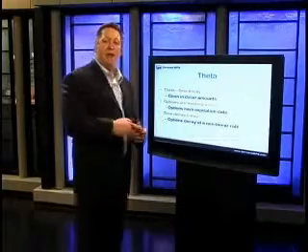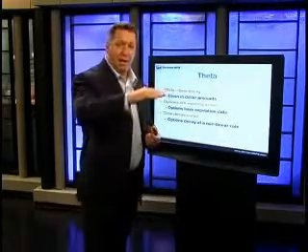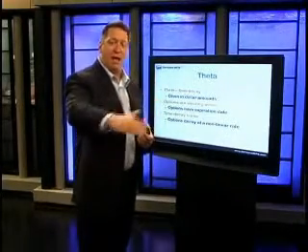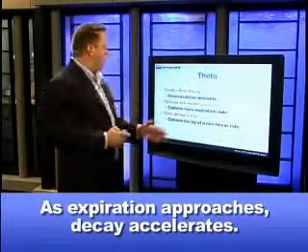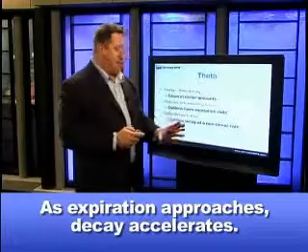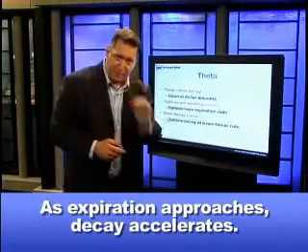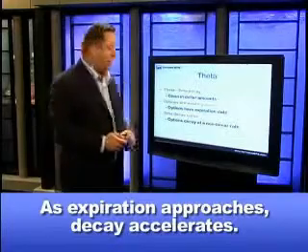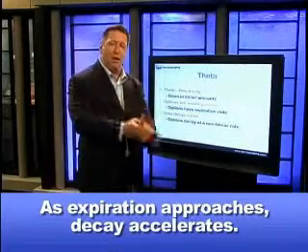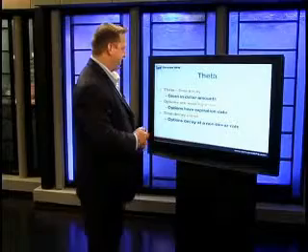If it did, then option time decay would be a straight line. But it's not. It's a curve. Options lose time value, theta, at a nonlinear rate. It's not an equal amount day in and day out.